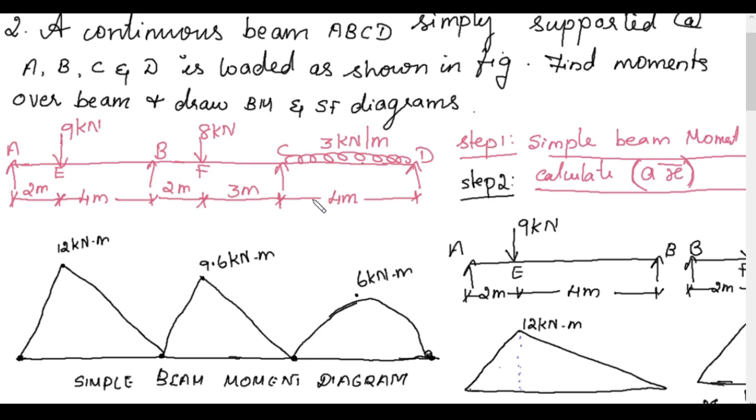So we need two three-moment equations. In the first case, we will consider the span AB and BC, and in the second case, the span BC and CD.